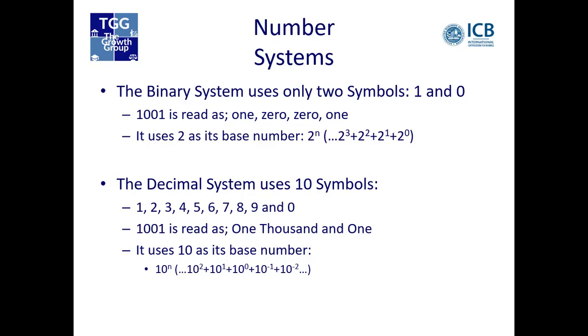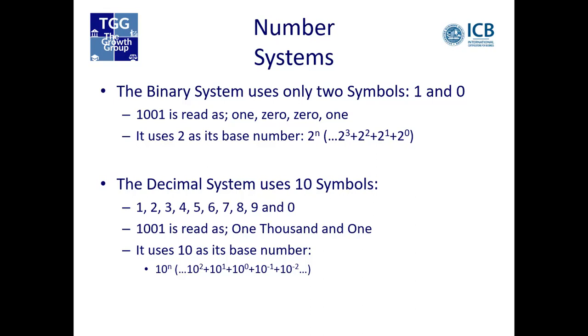Now, when you get to a test or an exam with the ICB and they put down a number that only consists of 1s and 0s, how do you know whether it is the binary number 1001 or the decimal number 1001?